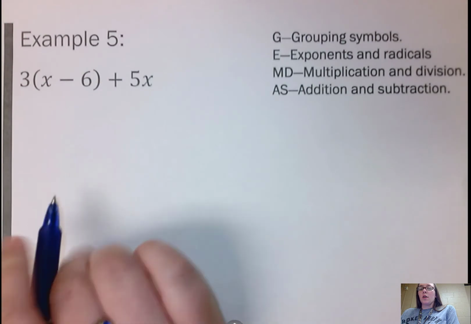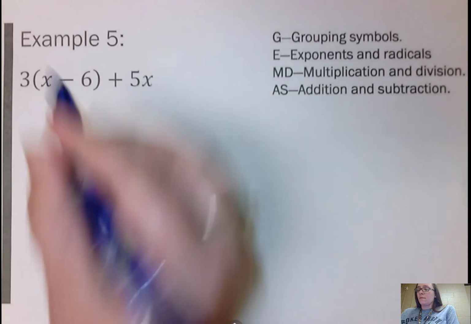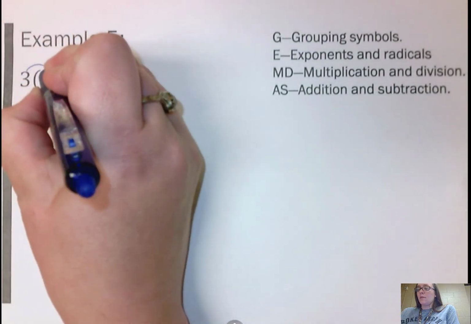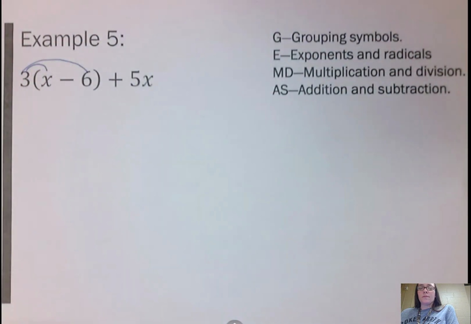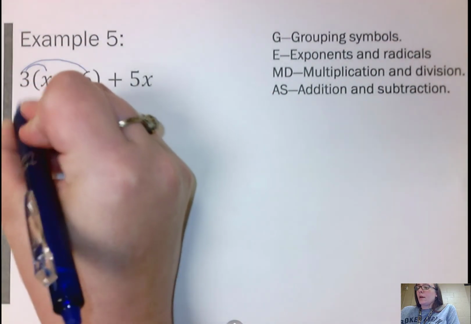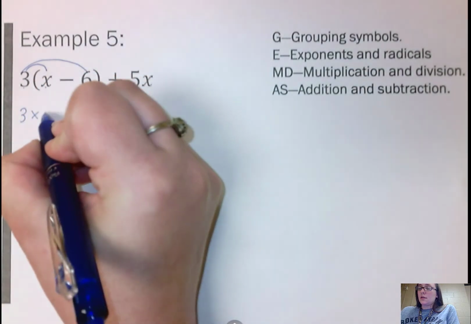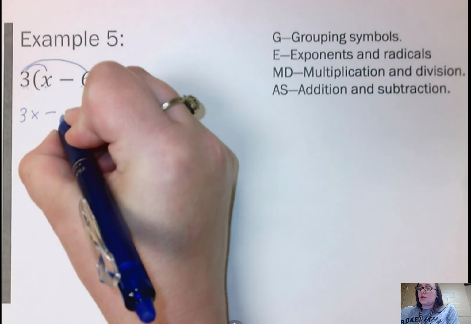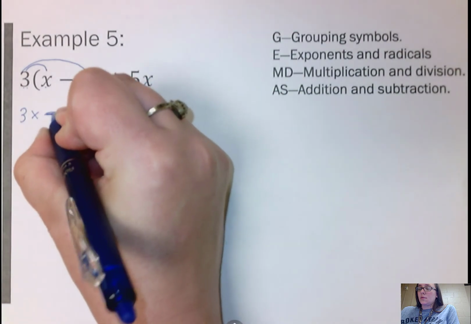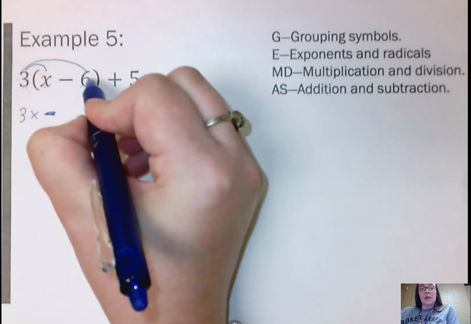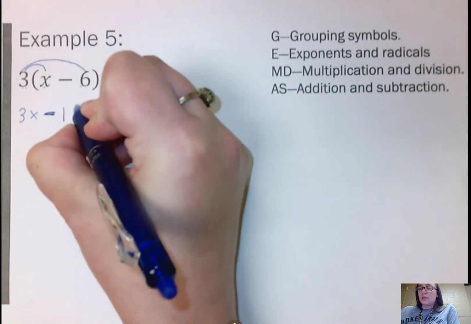So we're going to use what we call the distributive property. That tells me I'm going to multiply through. So 3 times x is just 3x. 3 times negative 6 is negative 18.